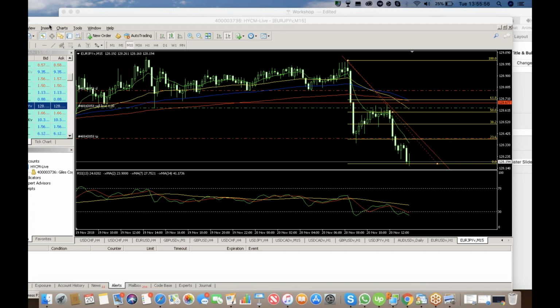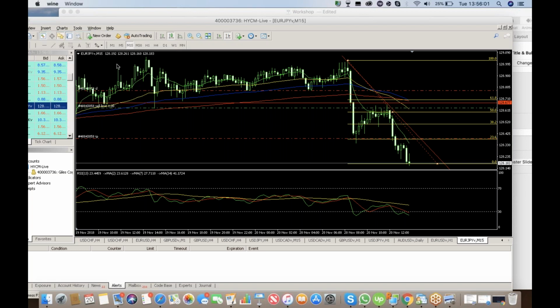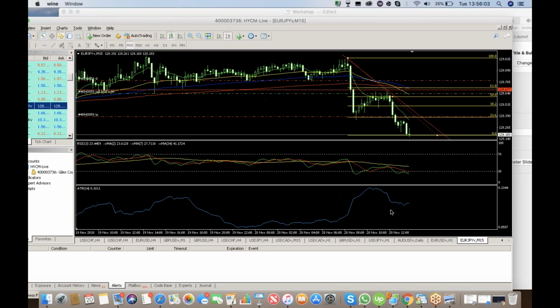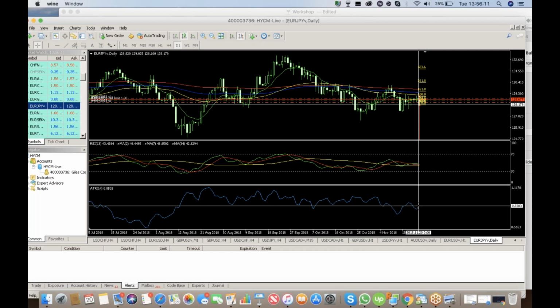Okay, so let's have a look. If you insert an indicator here, you have the average true range. That tells you the average true range of the last 14 periods. Looking at the euro yen pair with the average true range indicator, you can see the average daily range has been 83.